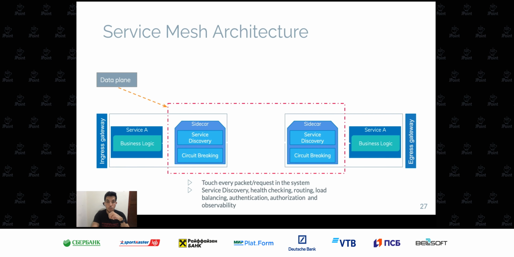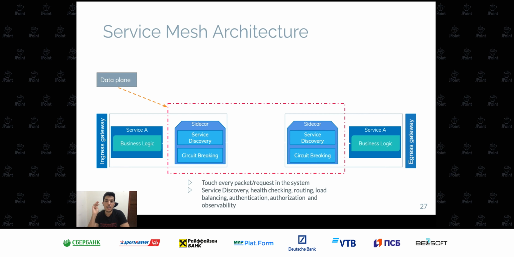So the data plane is operating in band, and the service proxies are transparently inserted, as I mentioned earlier. They make service-to-service calls, and applications are unaware of the data plane's existence.